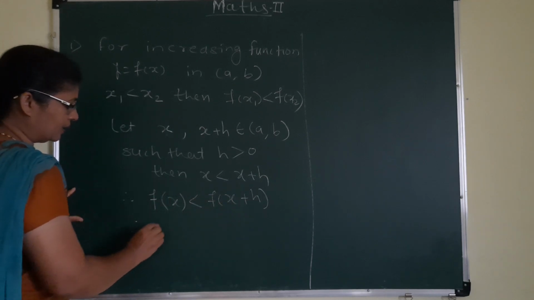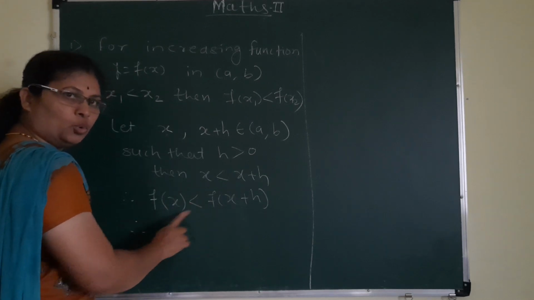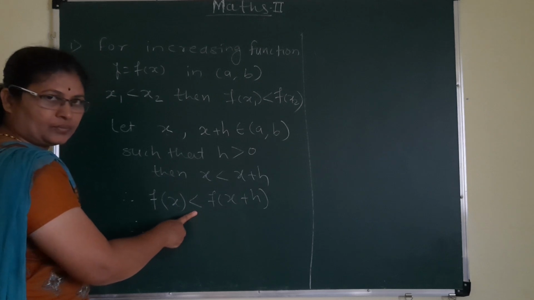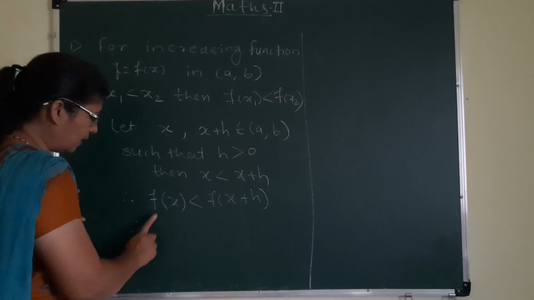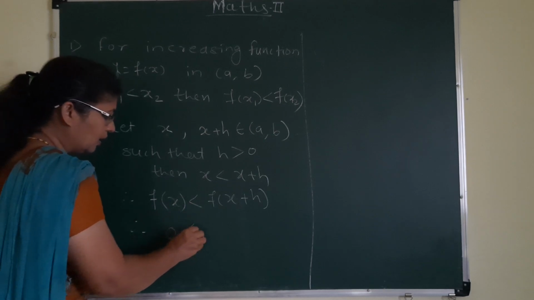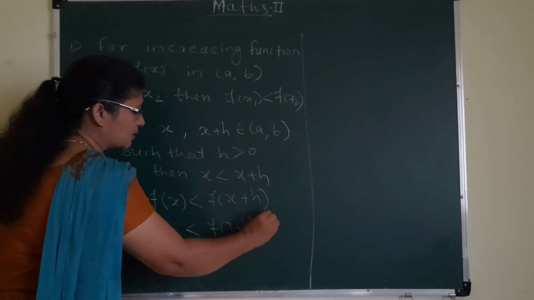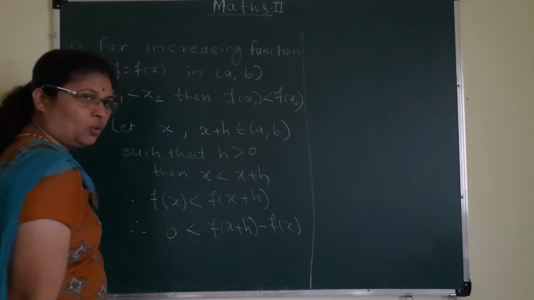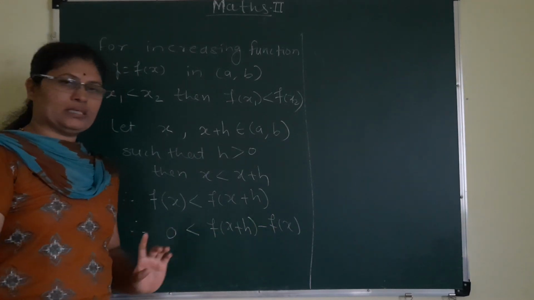Subtracting f of x from both sides of this inequality, what will happen? This side will become 0, which is strictly less than f of x plus h minus f of x.